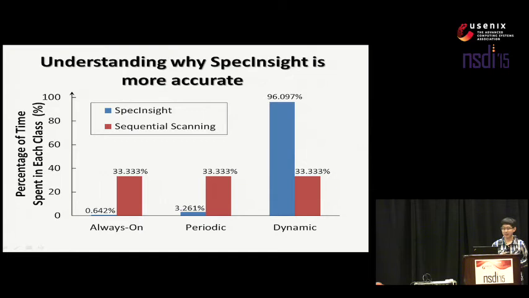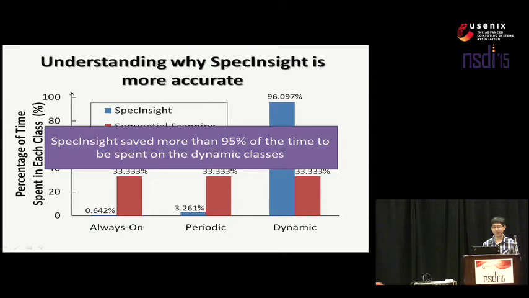But our system divides it very differently. We use a minimal amount of time on always-on and periodic signals because they are predictable, and we use all of the saved time on dynamic signals. Statistically, SpecInsight saved more than 95% of the time on the other classes. And that's the reason why we have much better accuracy.